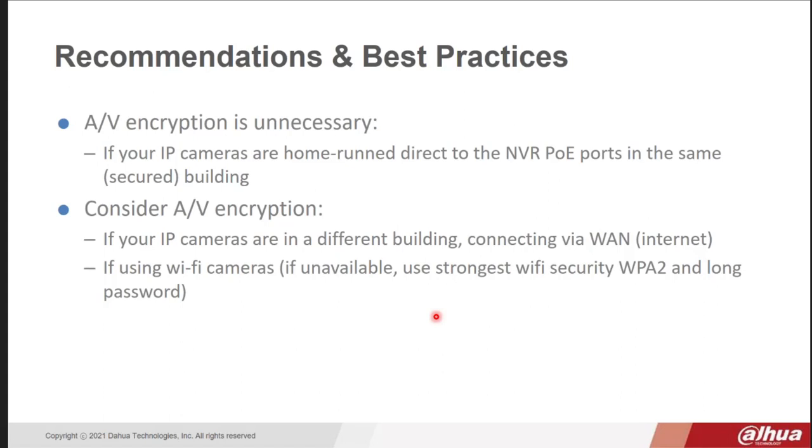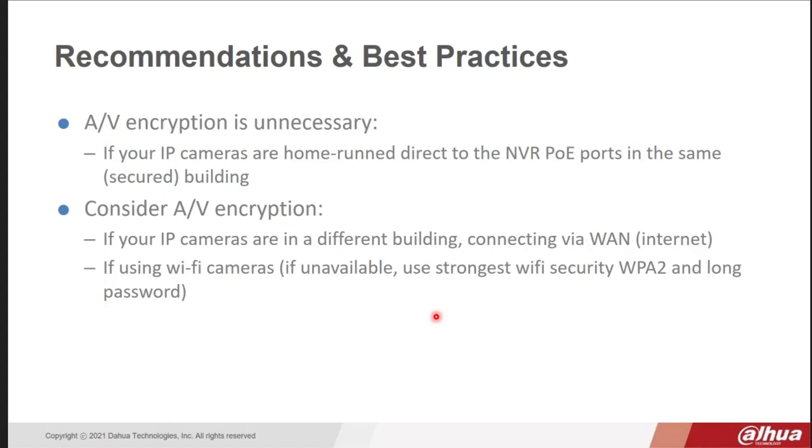However, you might consider AV encryption if your cameras are in a different building or connected in a different city, anytime they're going to be connected via the WAN or internet. That means that connection is potentially exposed. And you might also consider using it with Wi-Fi cameras.